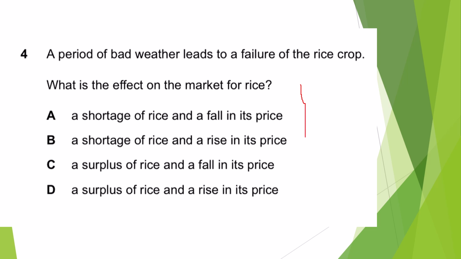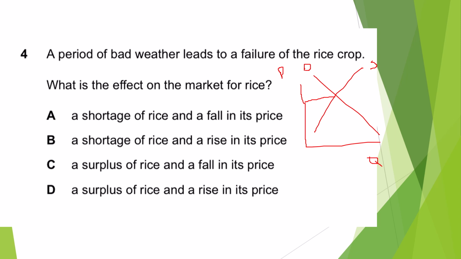If there is a shortage, look, this is a demand supply diagram. Here we are going to write price, and always remember to mention the axes. Here it is quantity. This is the equilibrium. So shortage is where demand is more than the supply.